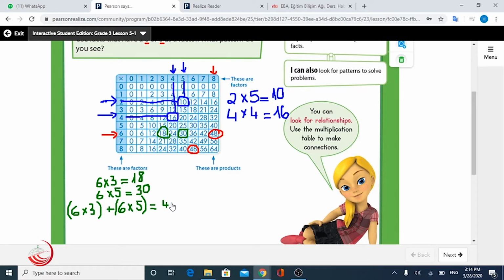This is true for 6 as a factor. Let's see if I use 8 as a factor.